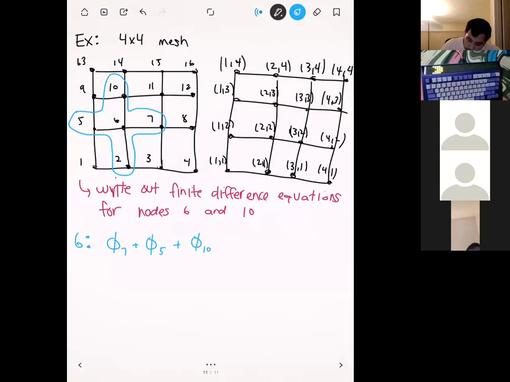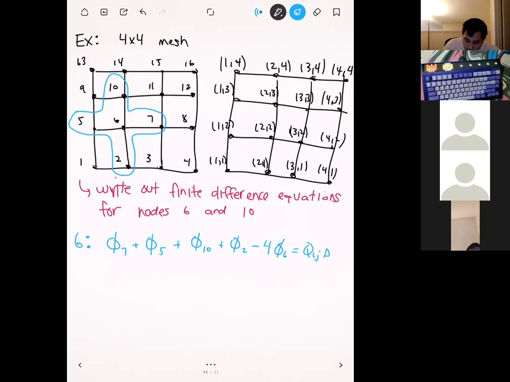Then the neighbor to the bottom, which is phi 2. And then we're going to subtract 4 times the node itself, which in this case is phi 6. We didn't specify q_ij here, so we're just going to write q_ij delta squared.